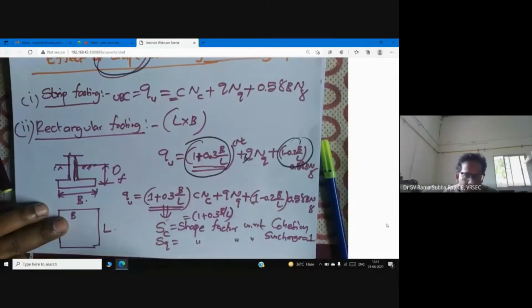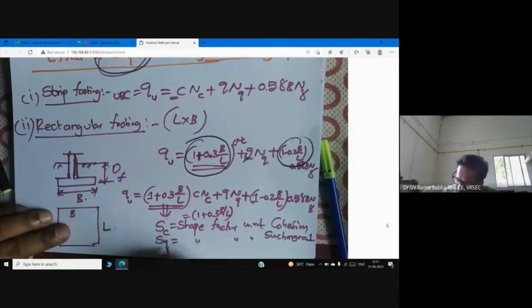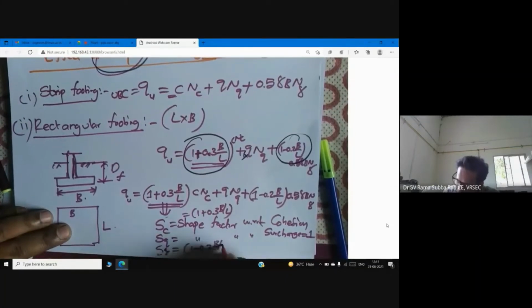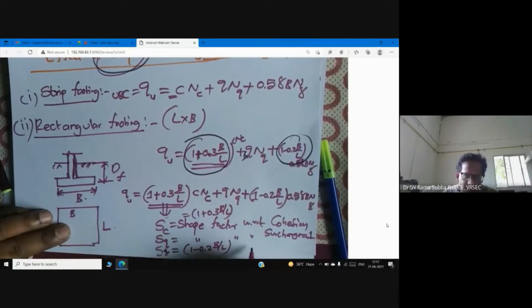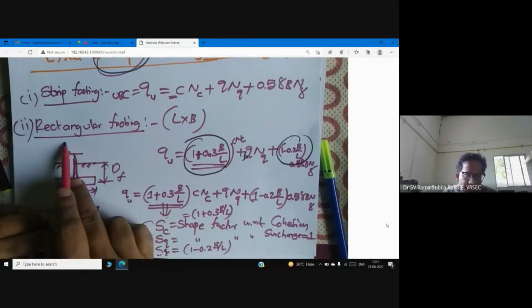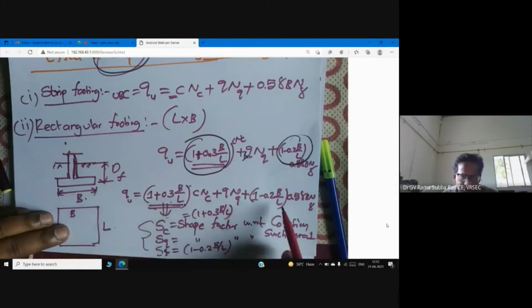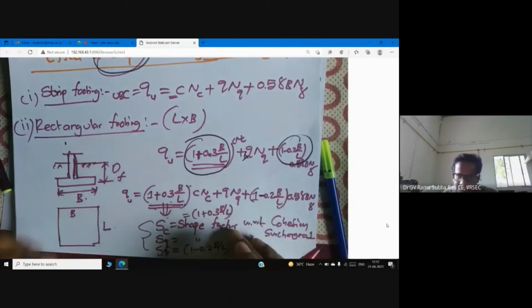This is 1. Now someone can ask me, sir, can you tell me S gamma? 1 minus 0.2 B by L. This is the shape factor with respect to foundation soil. So we have suggested some shape factors for rectangular footing: Sc is 1 plus 0.3 B by L, Sq is 1, and S gamma is 1 minus 0.2 B by L.